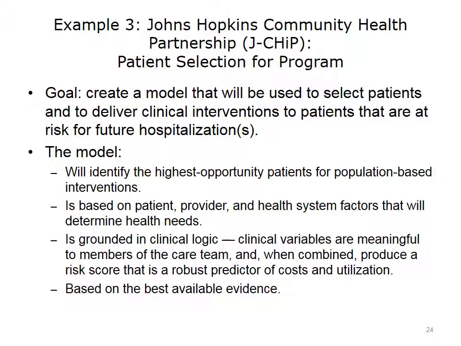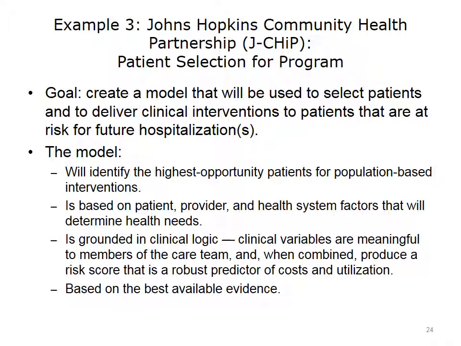They then, based on that model, developed the Johns Hopkins Community Health Partnership model. They were selecting patients for a program but did not want to limit that program to diabetes. So they had as their goal, again, to create a model that would be used to select patients and to deliver clinical interventions to patients that were at risk for future hospitalization.